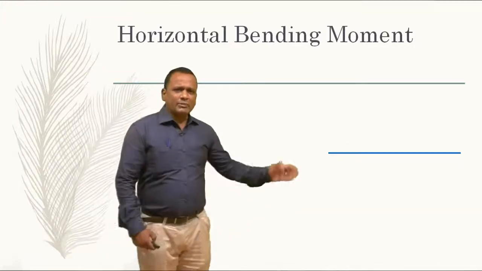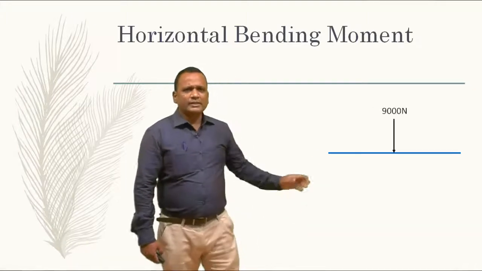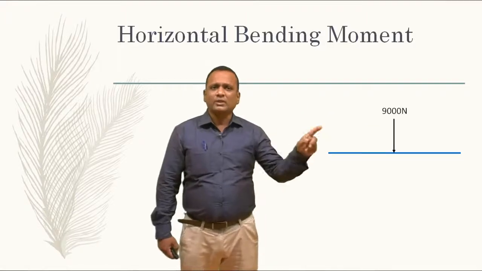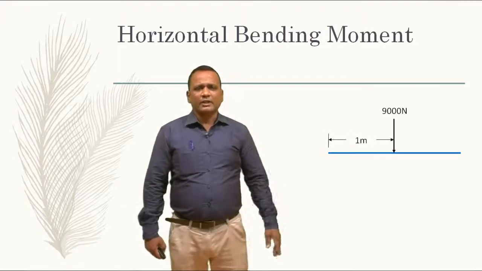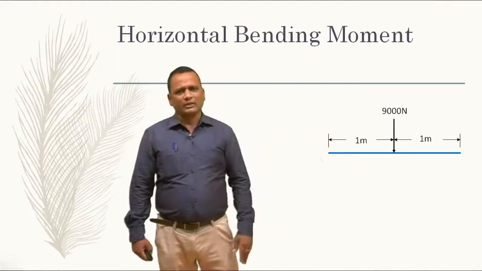In this, I will follow the same way I did for the vertical bending moment. Here, the horizontal load, if you remember, is the tension T1 plus T2, so it's around 9,000 Newton. It lies 1 meter apart, in the middle of a 2 meter long shaft.